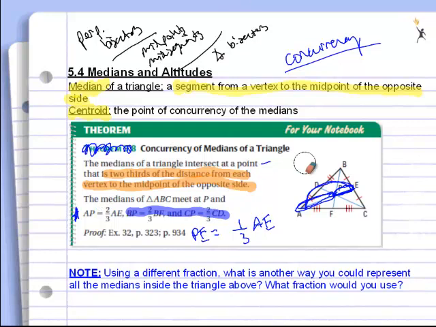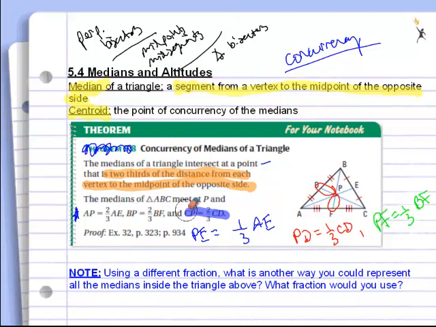And we can use that same idea to write similar statements about PD and about PF. PD would be 1/3 of CD, and PF would be 1/3 of BF. Now those are 3 more statements that you can make based on the 3 statements we made using the medians.